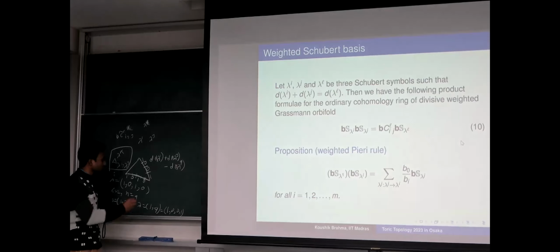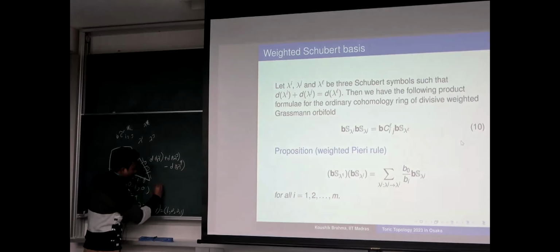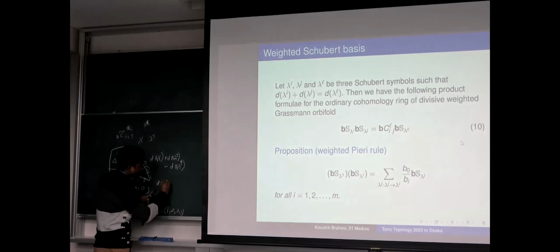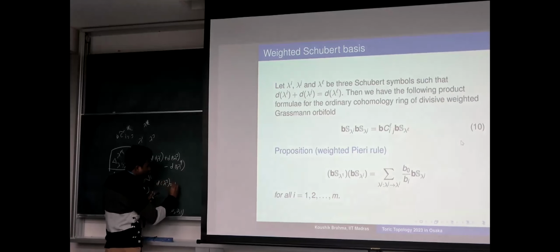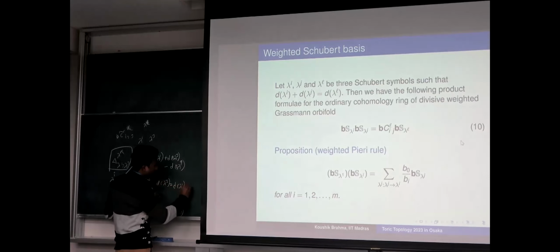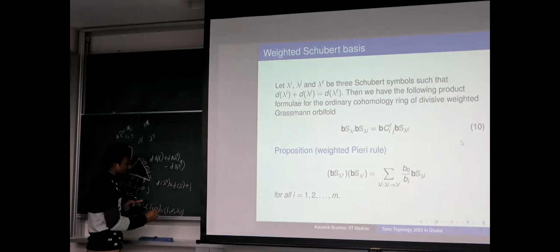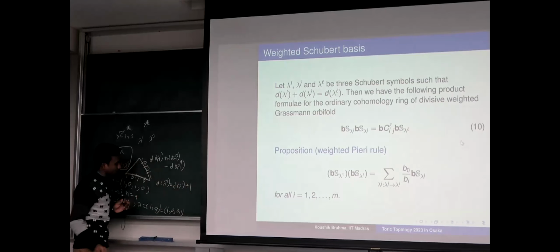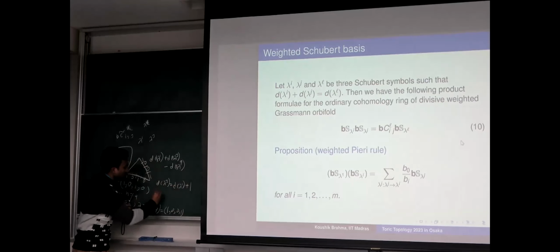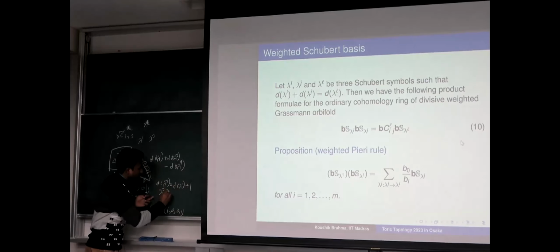Here covers means d lambda j equals d lambda i plus 1. That means d lambda j is greater than d lambda i in this relation.